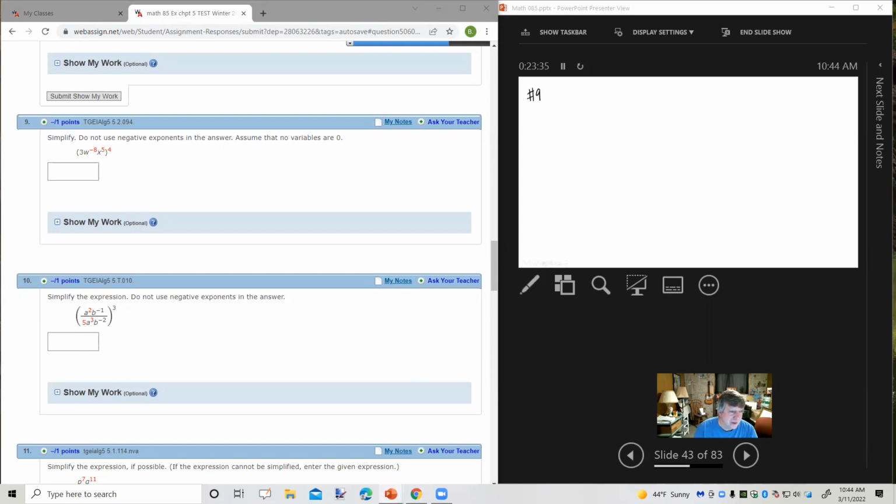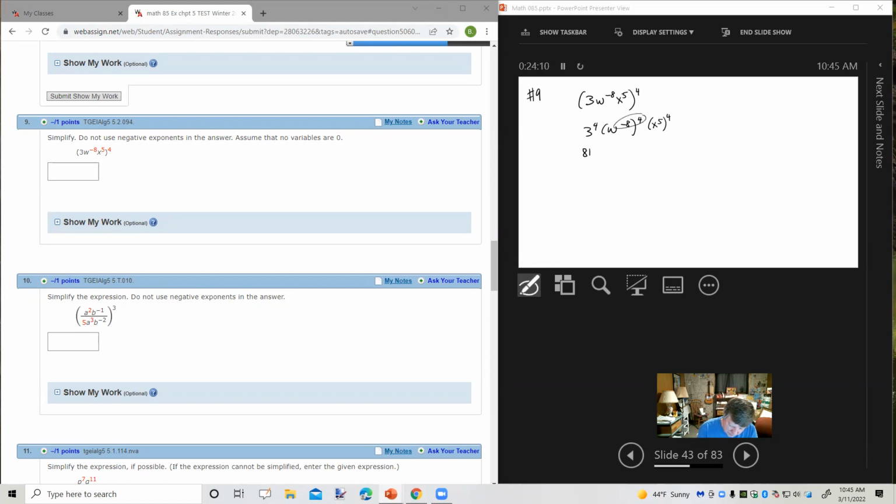Number 9, simplify. Do not write negative exponents in the answer. Assume that no variables are 0. 3 w to the -8th power, x to the 5th, the whole thing to the 4th power. So we have a product raised to an outside power, so we attach that outside power to each factor of the product inside. 3 to the 4th power, 3 times 3 times 3 times 3, is 81.